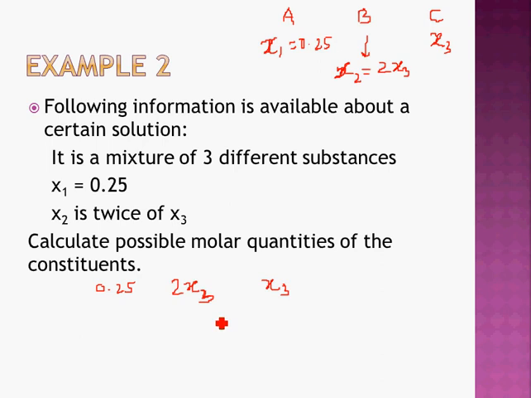I have used this information, I have made use of these two. This one I made use of for X1, and this information I used to eliminate X2. So how do I eliminate X3? I use this information, which says that there are only three different substances, that is, A, B and C are the only constituents of my solution.